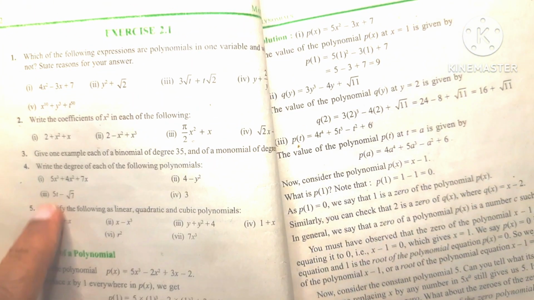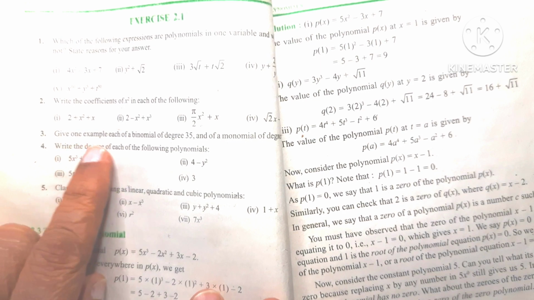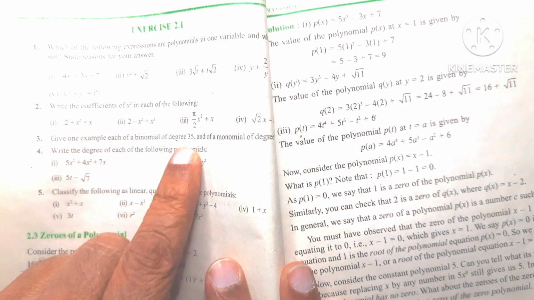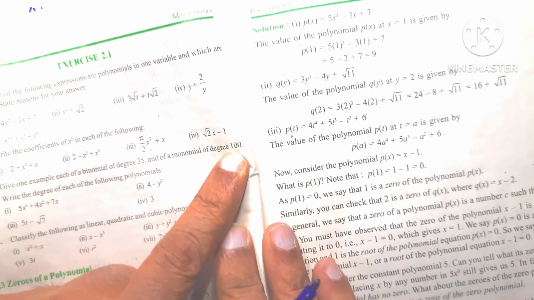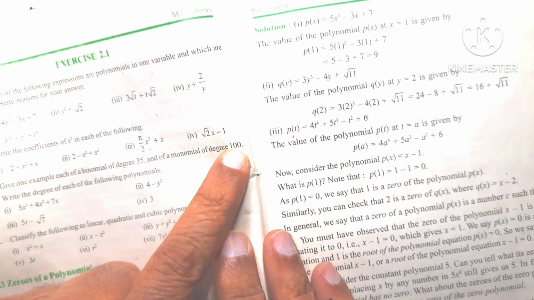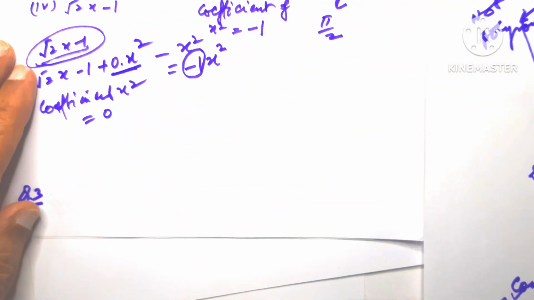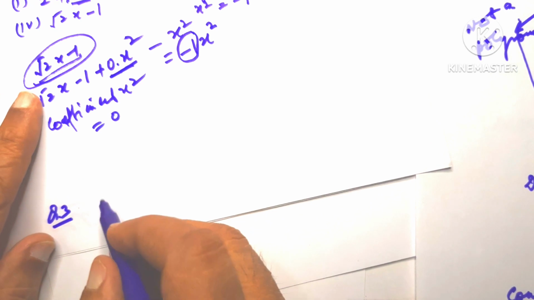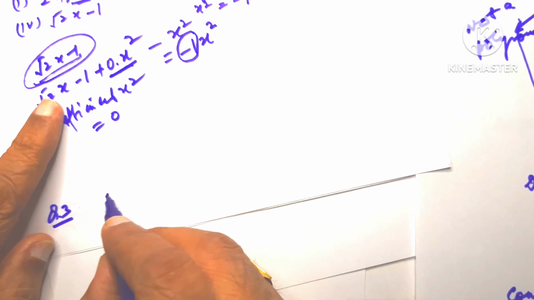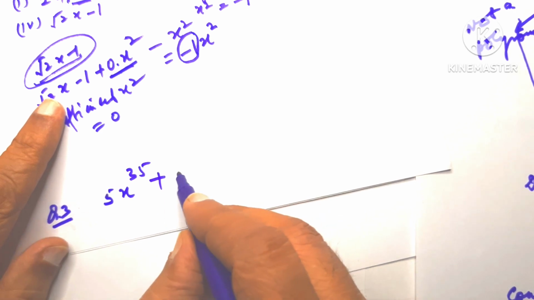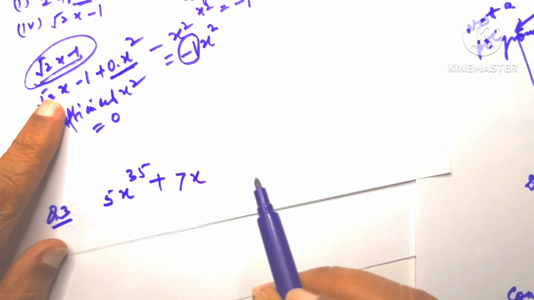Give an example of each of binomial of degree 35 and monomial of degree 100. First we'll write a binomial of degree 35. So a binomial of degree 35 can be 5x to the power 35 plus 7x.